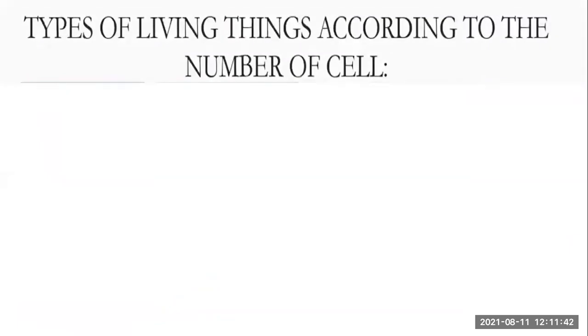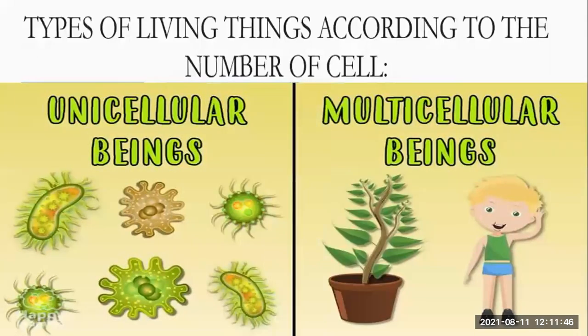Now, according to the number of the cells, we have divided living things into two main categories, and these are unicellular organisms and multicellular organisms. Okay, all living things are made up of cells. This is clear.